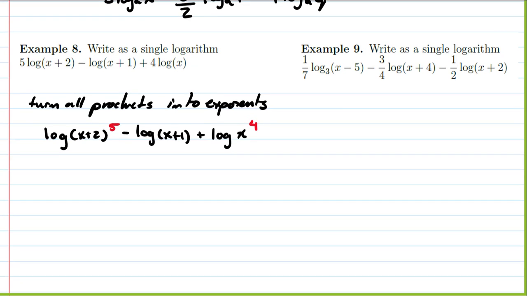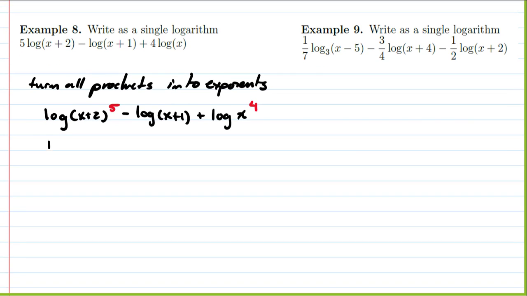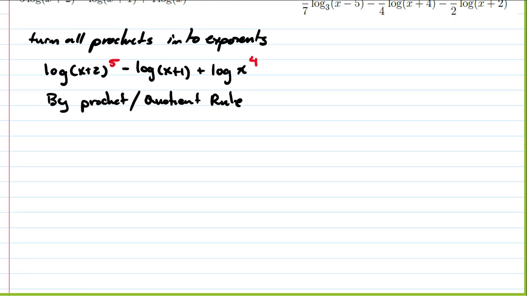So now by our product and quotient rule, we're going to end up with log, and in the numerator we have x plus 2 to the 5th times x to the 4th all over x plus 1. Our negative is going to the denominator and our positives staying in the numerator.